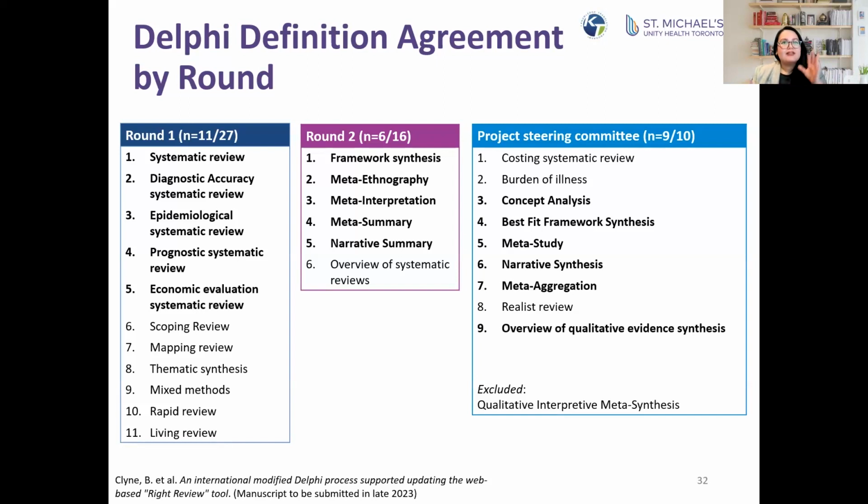Then looking at the next box, more qualitative reviews were agreed in round 2. However, a lot of qualitative reviews reached no agreement and ended up being discussed by the project steering committee. So you can see in the last box, this resulted in edits to text, disaggregating 1 item into 2, merging 2 items, and excluding 1 item.